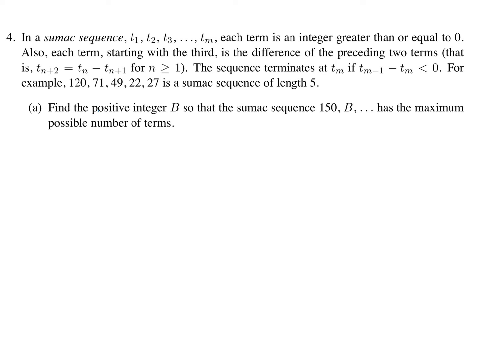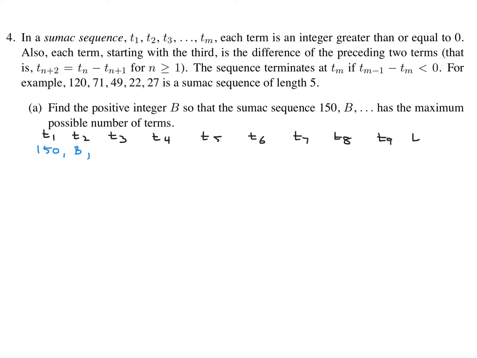We'll start off, of course, with what they gave us, which isn't much: 150, then B. And then let's list some of the next few terms. We'll do 10, so we've got T1, T2, T3, T4, T5, T6, T7, T8, T9, T10.